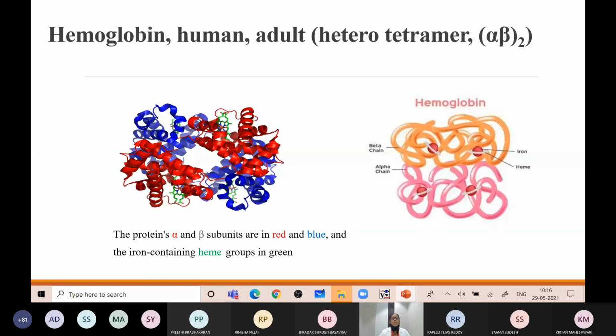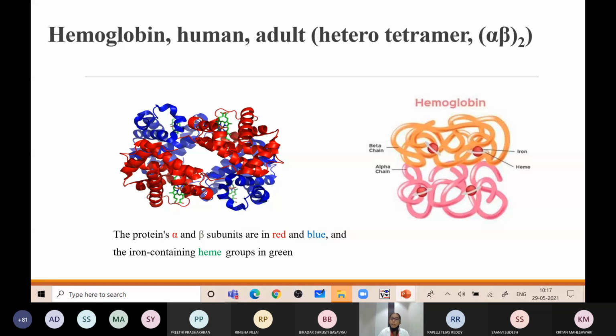So this is the structure of your hemoglobin. It has two alpha chains and two beta chains, and it has four iron atoms. One molecule of hemoglobin has four iron atoms, and one atom of iron combines with one molecule of oxygen, that is O2. O2 is considered as two atoms of oxygen, or one molecule of oxygen. You must be clear here.